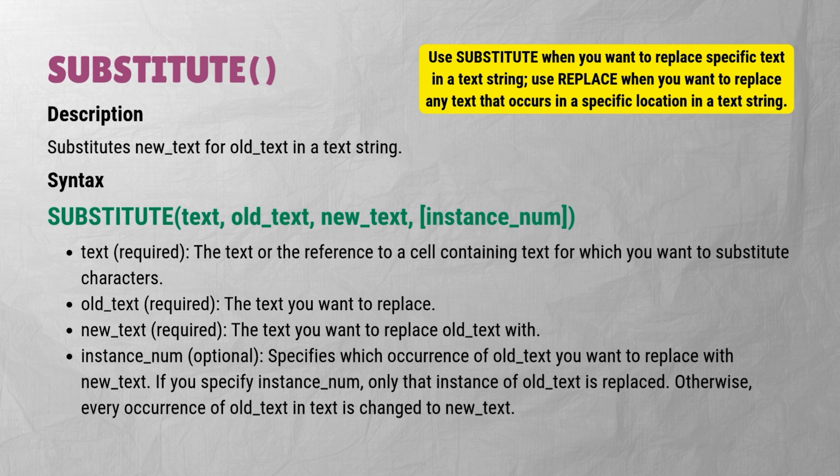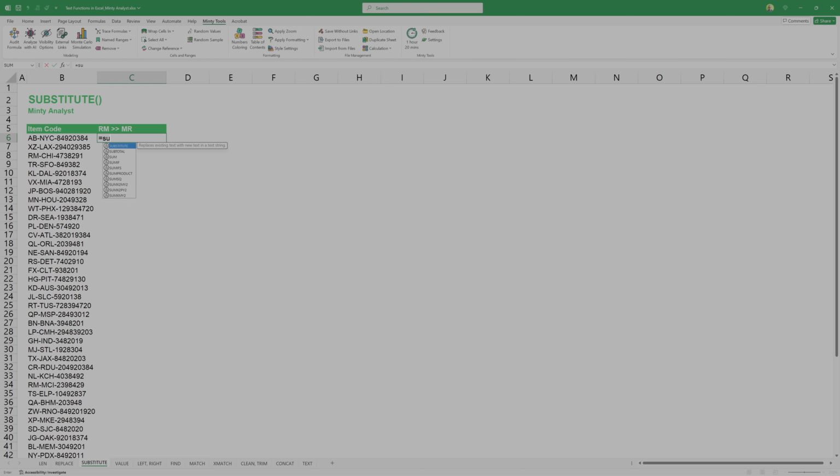So, for example, if we have multiple occurrences of this string, we want to replace the third one, you're going to provide instance num 3, and otherwise, if we don't provide this instance number, it's going to replace every occurrence. So the way substitute works is we can say substitute, this is the text, and we want to find the old text, in this case rm, this group, and we want to replace that with mr because this was a typo.